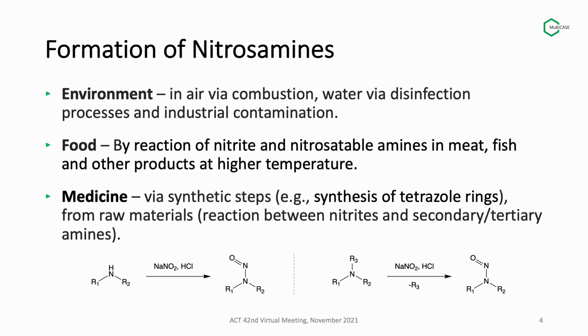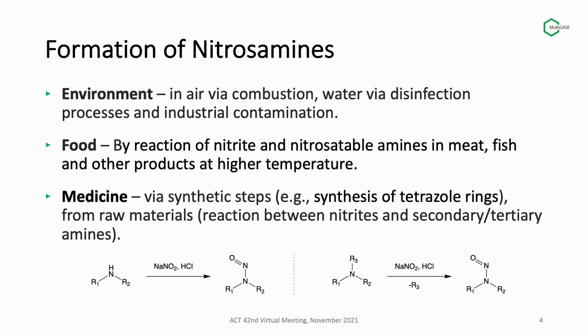So the nitrosamines can form in a variety of ways, but in general, whenever there is a presence of a nitrite and an amine, there is a chance of formation of nitrosamines. In the environment, they can form via combustion, in the drinking water from the disinfection processes, and from industrial contamination. In food, they can form in meat, fish, and other products at high temperatures between the reaction of nitrite and amines.